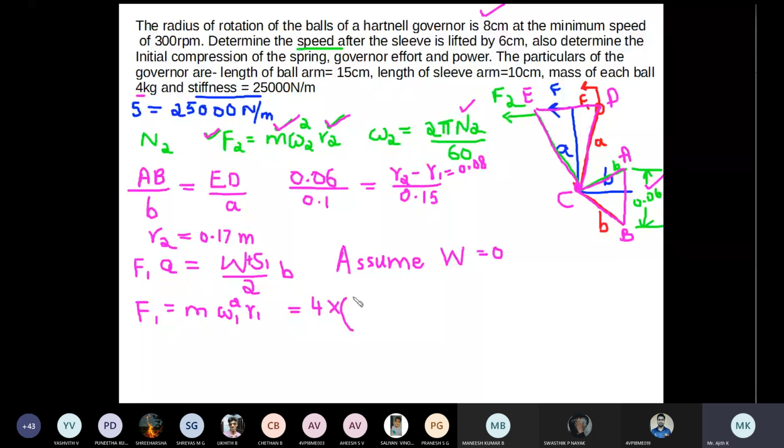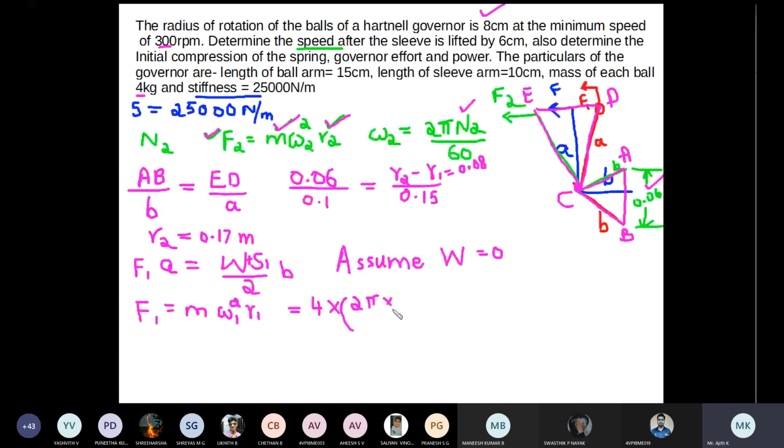Omega is given by 2 pi N1 by 60, and N1 is 300. So 2 pi into 300 by 60 whole square into R1, the radius of rotation, which is 8 centimeter or 0.08 meter. You will get the F1 value 315.83 Newton.